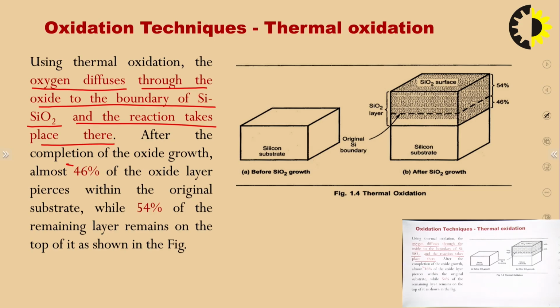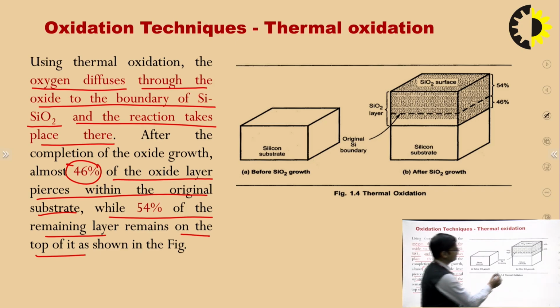And when this SiO2 layer is formed in a typical thermal oxidation process, it has been observed that almost 46% of the oxide layer appears within the original substrate and 54% of the remaining layer on the top of it.